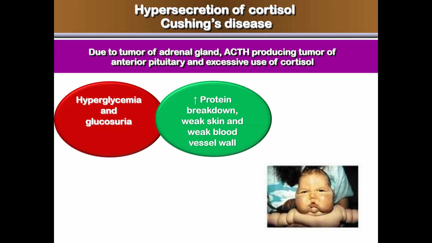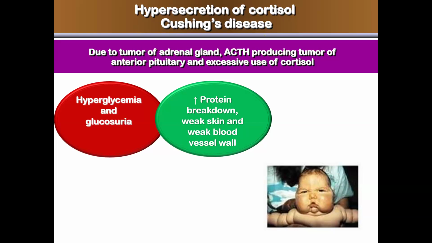Also, the collagen fiber proteins are present in the walls of our blood vessels to give them strength, to make them strong. So when proteins are broken down all over the body, they are broken down in the skin as well as in the walls of the blood vessels. So the skin becomes weak and the walls of the blood vessels also become weak.